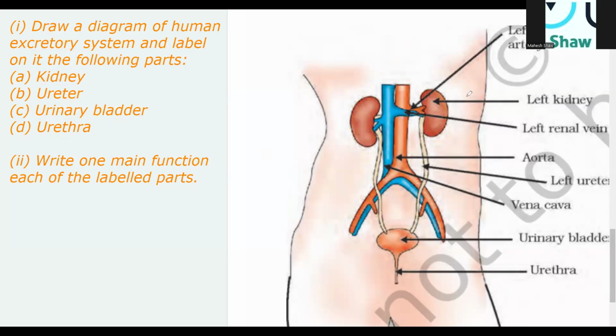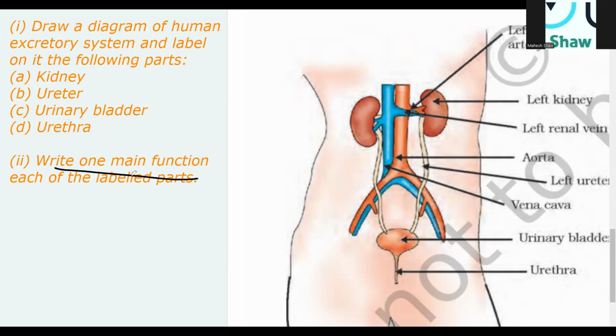Say this is the left and this is the right kidney. Further, we have to make the urinary bladder. The urine carried by these ducts is stored temporarily in a muscular bag-like structure called the urinary bladder, and through the urethra it is passed out of the body.